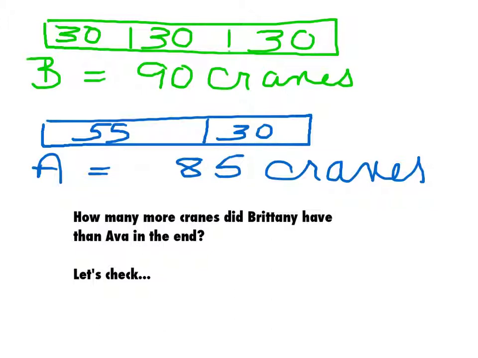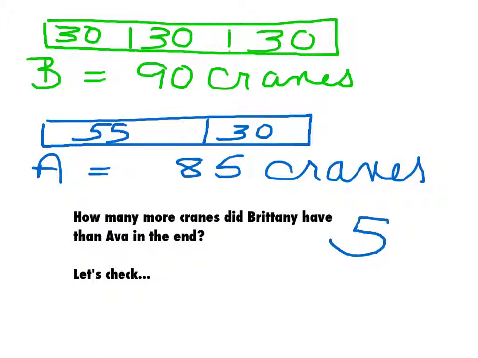The final question, how many more cranes did Brittany have than Ava in the end? The answer is 5. Is our math correct? Can we account for all of our cranes?